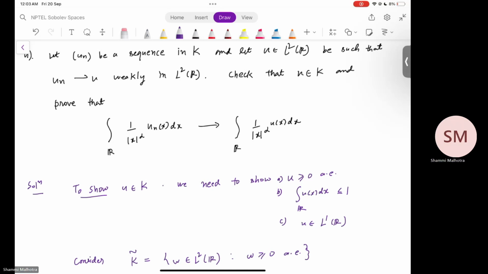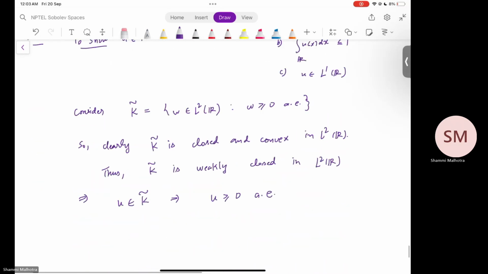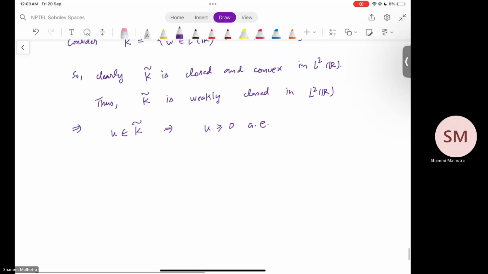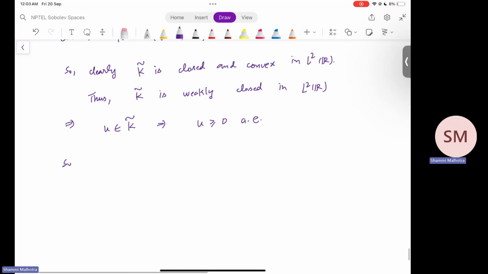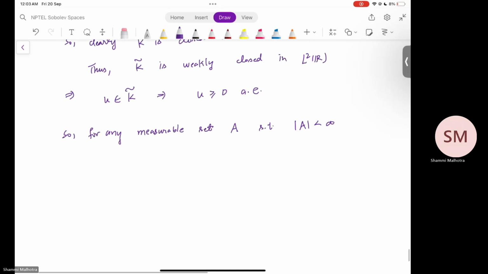So for any measurable set A such that the measure of A is finite, we have the characteristic function of A in L2(R).